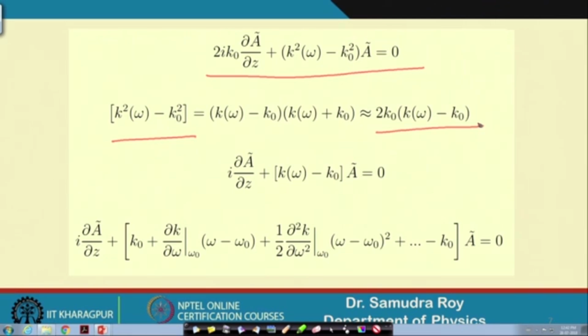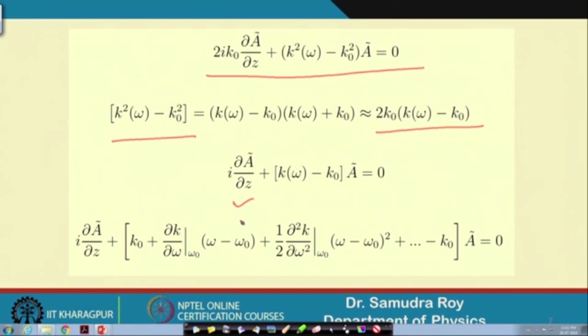The propagation constant will not vary much from the propagation constant of the central frequency, we assume that. So, this 2 k 0 and the other 2 k 0 will cancel out, and we have i A tilde times k omega minus k 0 times A.